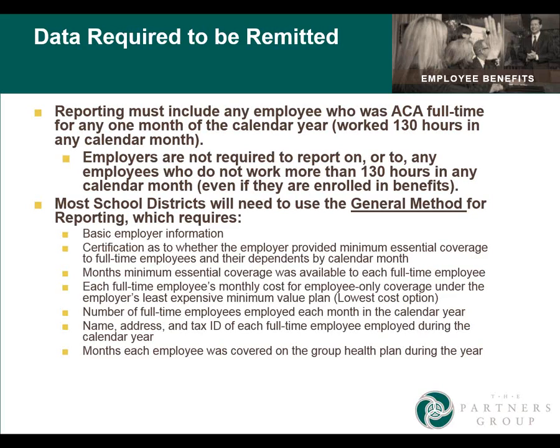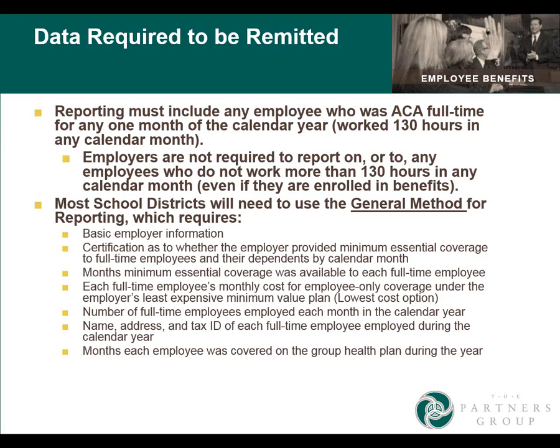So just as a side note, if you're a TPG client, I can say this with certainty, and I believe for all of the Premera Blue Cross plans, as well as, I haven't really found a school district plan in the state of Washington that doesn't meet minimum essential coverage, but I know that the minimum value test is passed by every client of the Partners Group that has a group health Premera, Regence, Aetna, or Moda health plan.